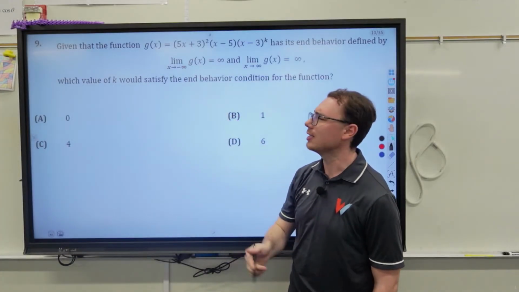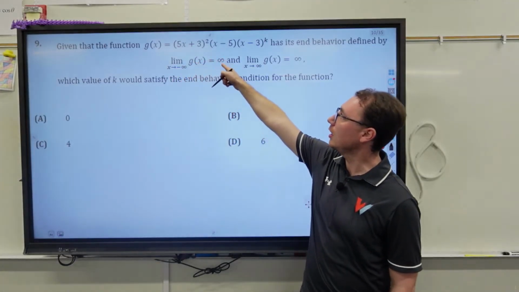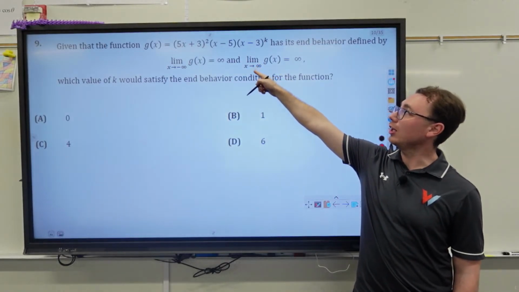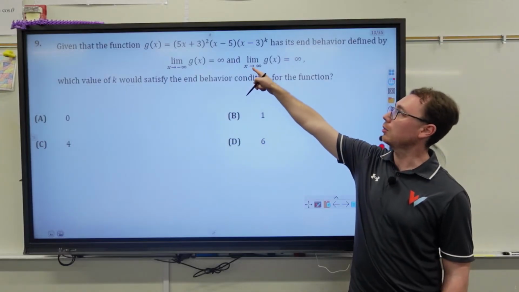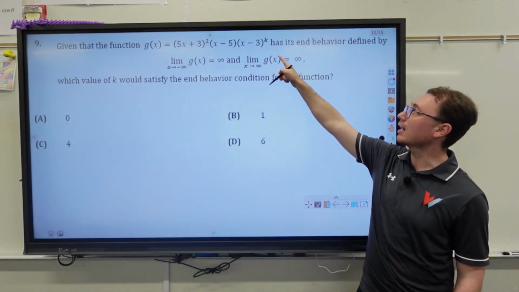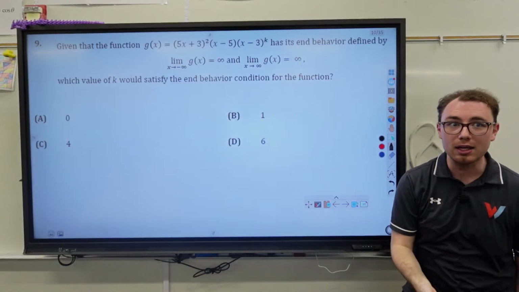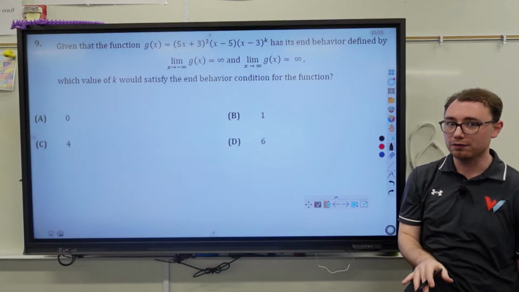This is a long way to say as x increases to negative infinity, g of x increases to infinity. However, when x increases without bound in the positive direction, when x increases to infinity, g of x increases to infinity. What value of k would satisfy the end behavior condition of this function?